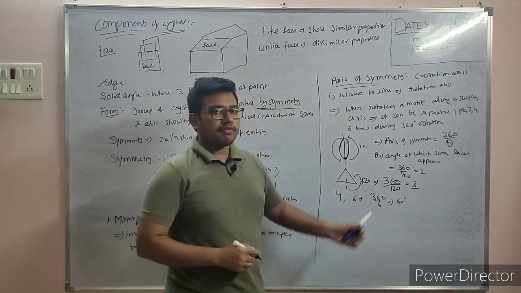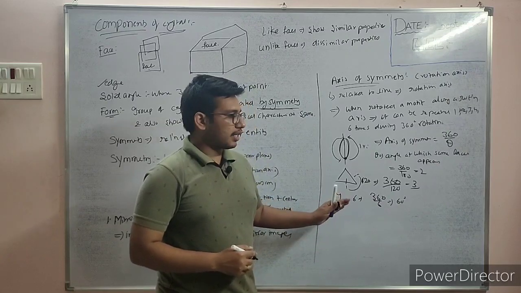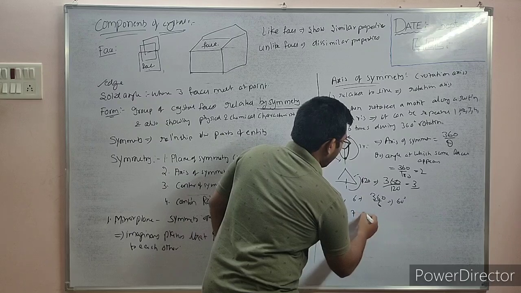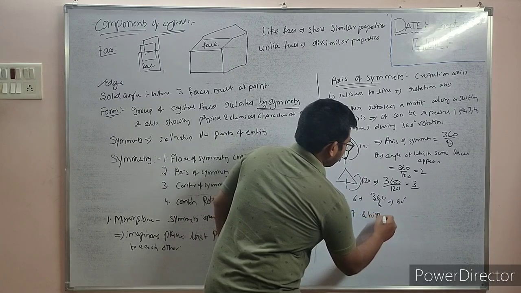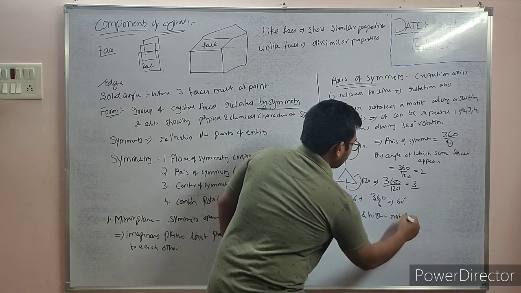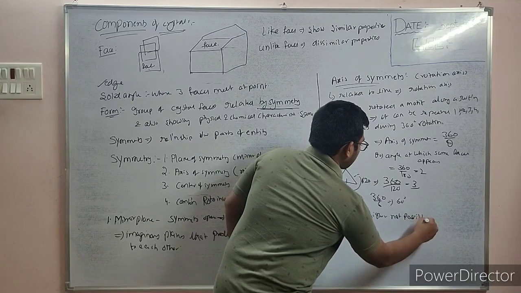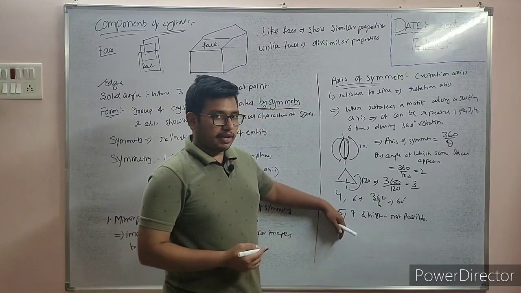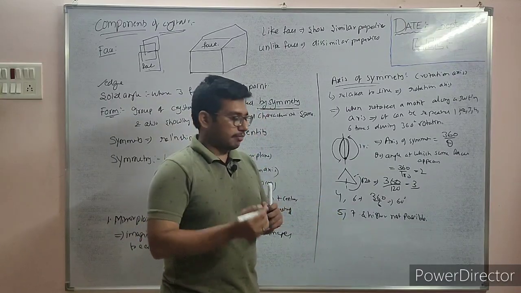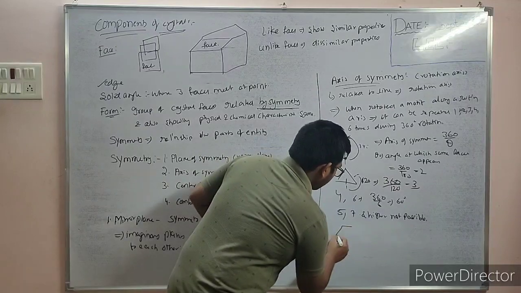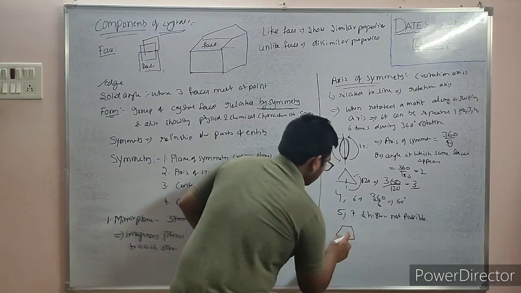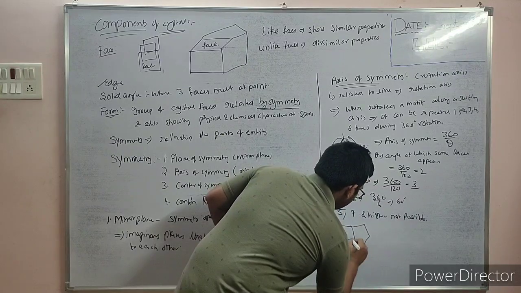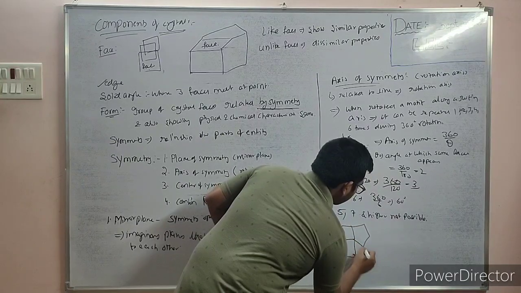We can get the same face, but there are some exceptions: 5-fold symmetry and 7-fold and higher symmetries are not possible. Why? Because when 5-fold symmetry appears, it forms gaps between them. Suppose it is some pentagonal shape like this; if you design it, it will produce gaps.